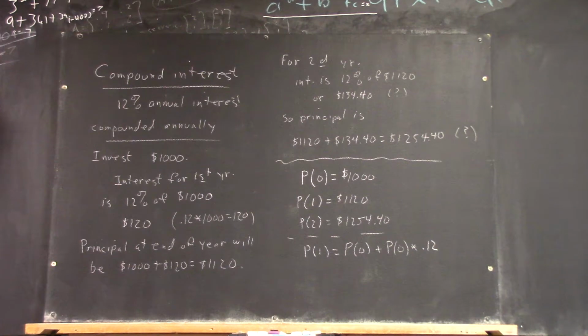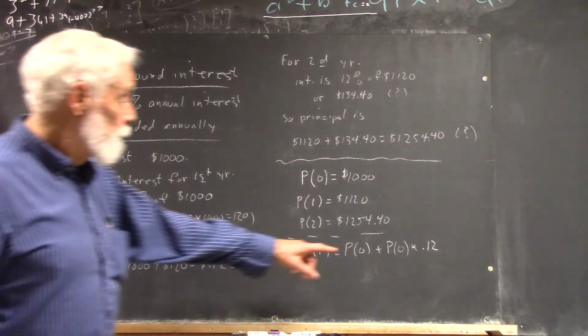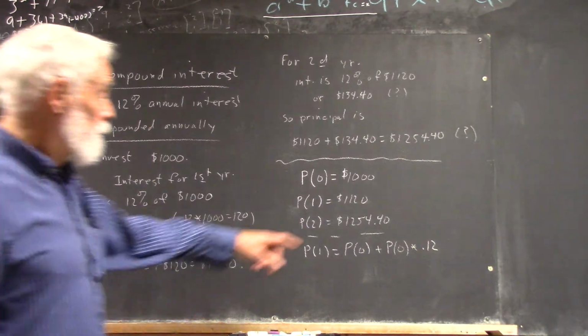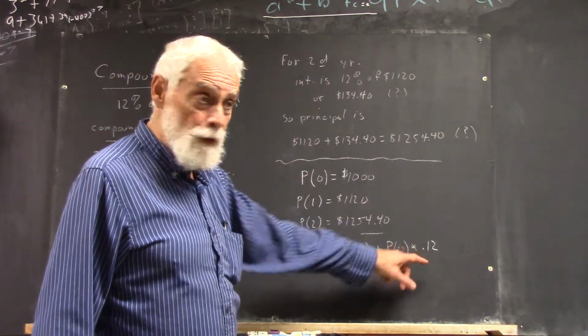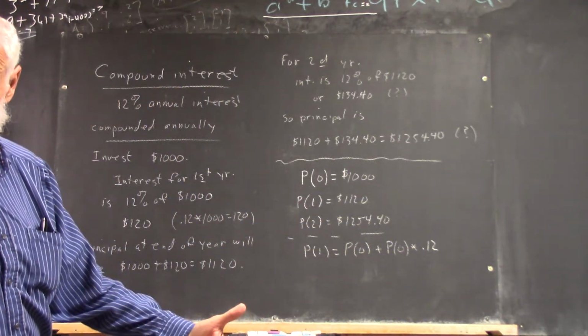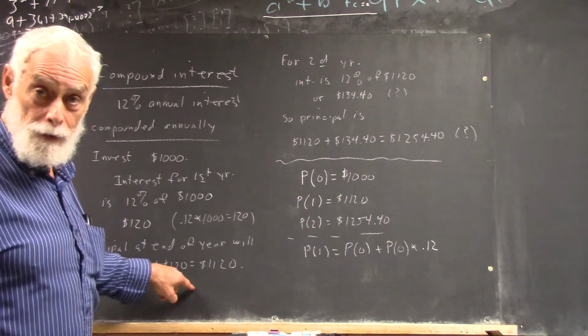Does that make sense? Isn't that the same calculation we did here? Okay, what's principal of 0? It's $1,000, right? What's a principal of 0 times 0.12? It's $1,000 times 0.12, which is $120. How did we figure out the principal? We did $1,000 plus the $120, right?